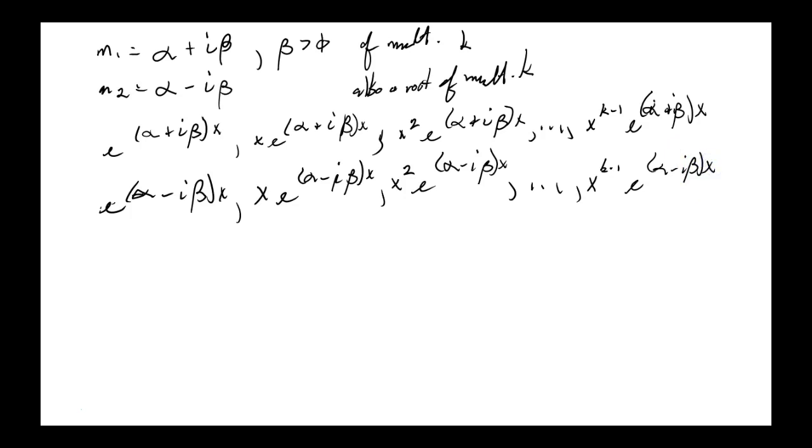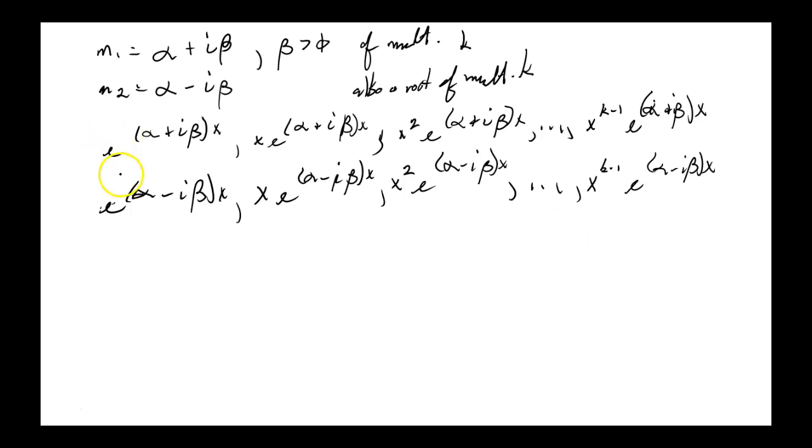Now, those are the solutions in your exponential form, and they have complex issues with them. We usually don't like to deal with those, but remember by Euler's formula, you can always relate these.